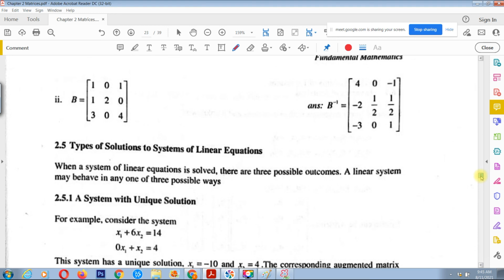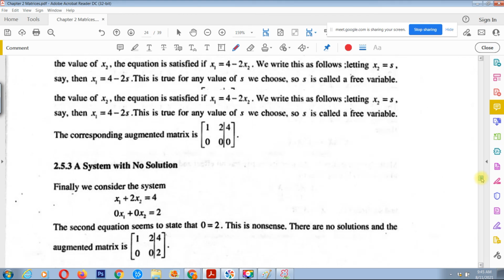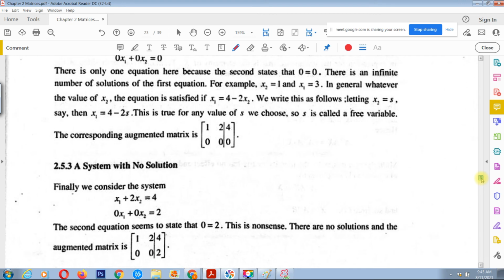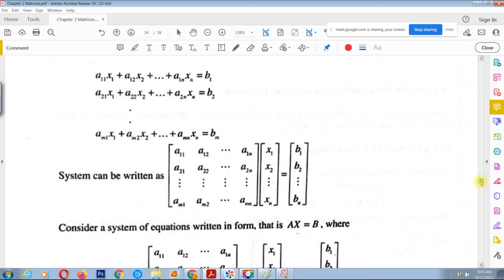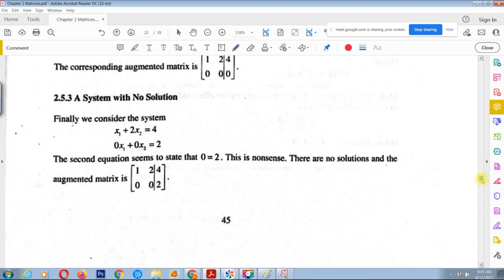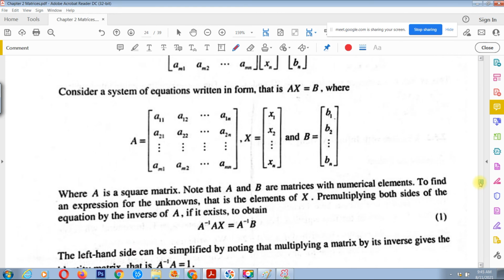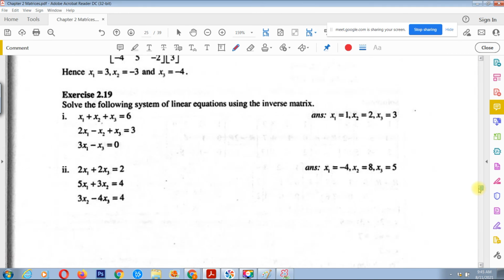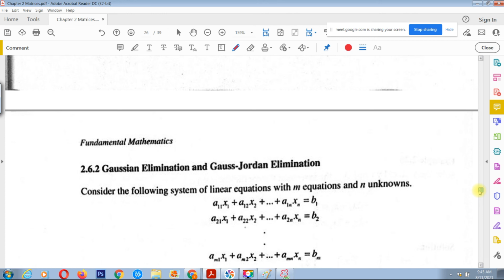And then later we go to the types of solution. We want to find the solution for these matrices, and then eigenvalue and eigenvector.